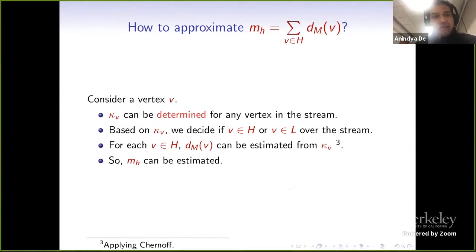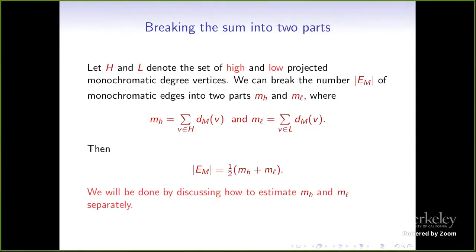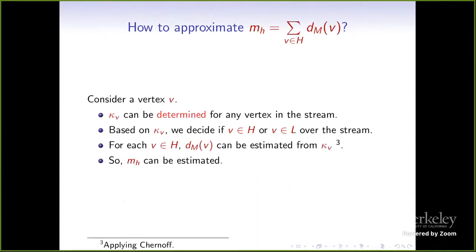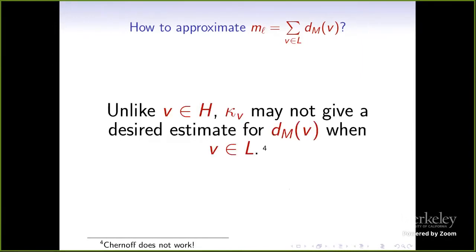Yes, sure. So this is our idea to approximate both MH and ML individually. We have already briefly discussed how to approximate the quantity MH by classifying depending on the value of projected monochromatic degree. And to approximate the low vertices, the projected monochromatic degrees won't be good enough.